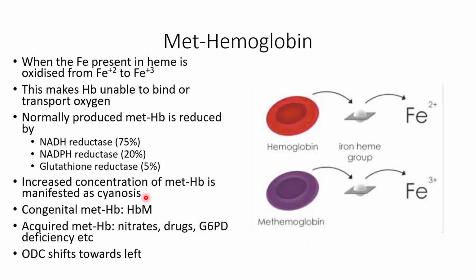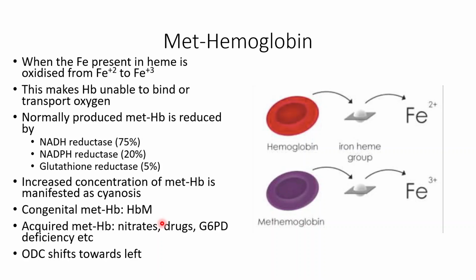Now, what are the causes of methemoglobin? It can be congenital. It is seen in a special type of hemoglobin called hemoglobin M, which we will see later. And what are the acquired causes, which we can acquire during a lifetime? The presence of drugs like nitrates, aniline, and certain enzyme deficiency conditions like G6PD deficiency.